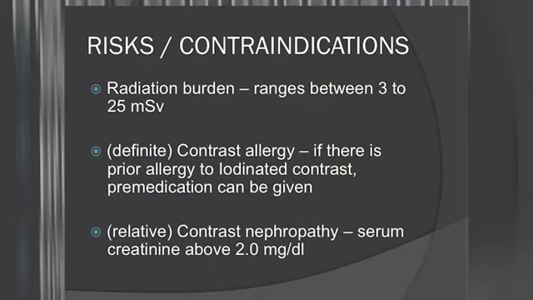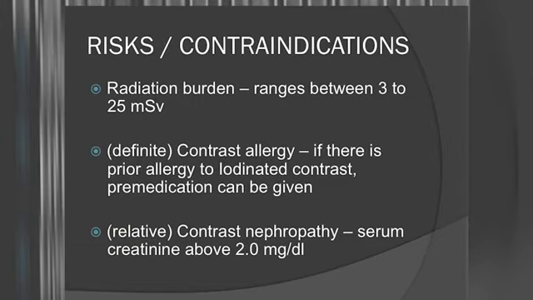Coming next to the risk and contraindications of this exam. Obviously, one of the concerns is that of radiation burden, but the radiation burden also exists with a catheter angio because that involves X-rays too. This can range between 3 to 25 millisieverts.